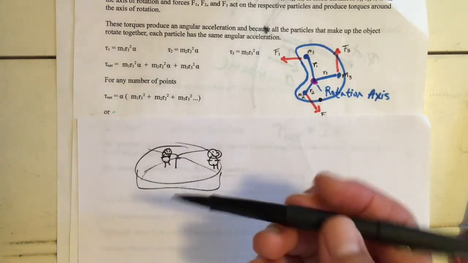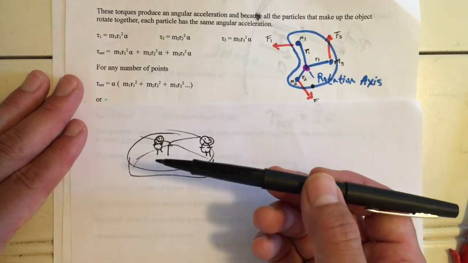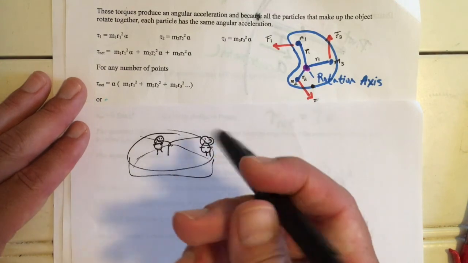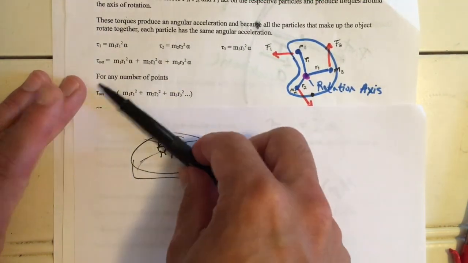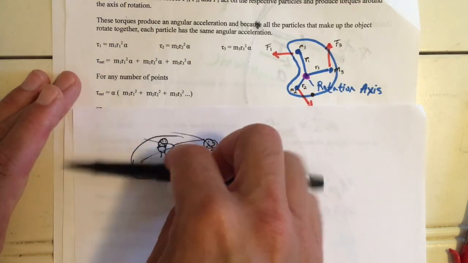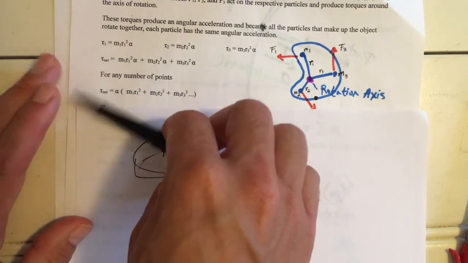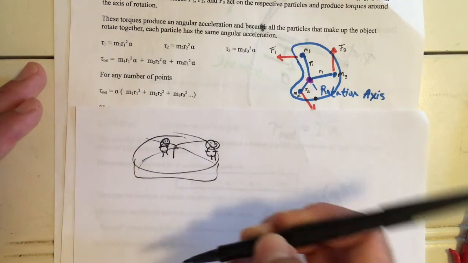Your angular velocity would change in the same amount of time, because as this turns, everybody on the merry-go-round goes through 360 degrees in the same amount of time. Everybody speeds up angularly in the same amount of time.